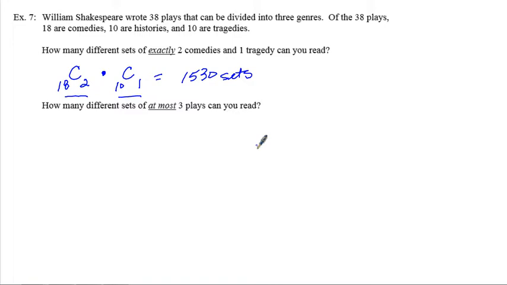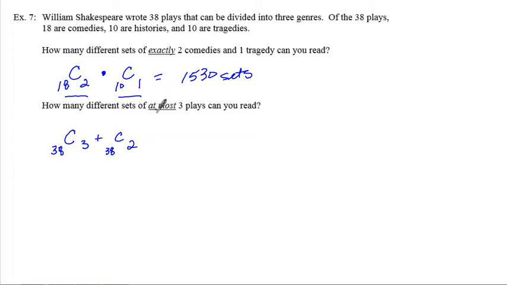Now let's look at this in a slightly different way. If we're looking at how many different sets of at most 3 plays that you can read, regardless of the type, how would we solve this? Well, let's see. We're looking at 3 of the 38.